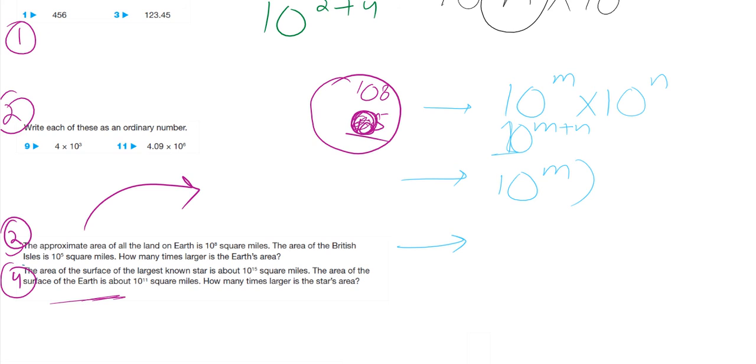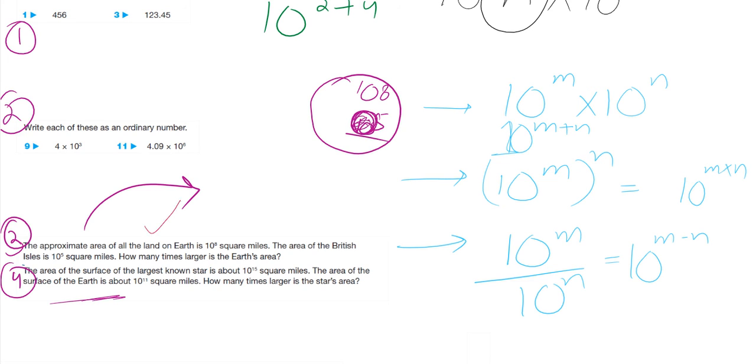But if it's in this form, you just multiply the powers with each other. And when you have a fraction like this, you subtract the power of the denominator from the numerator. Keep these 3 points in your mind, and then we can easily do this problem.